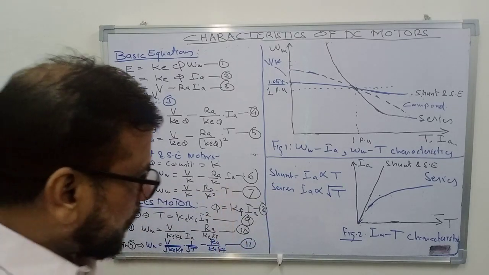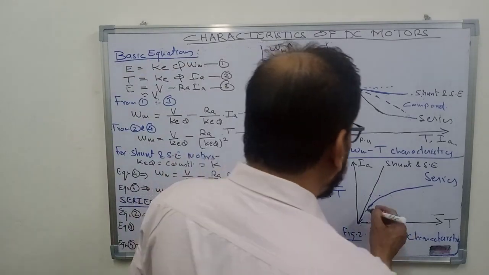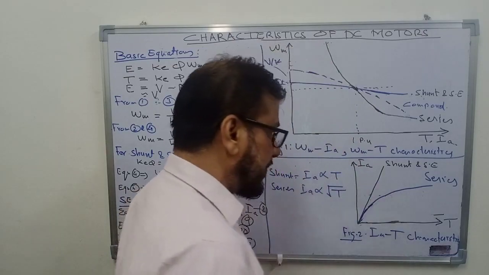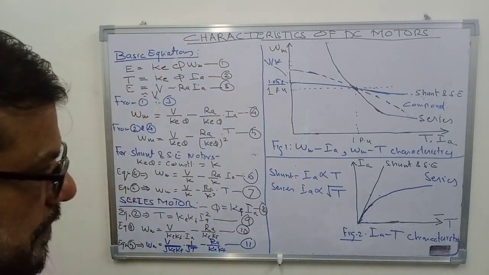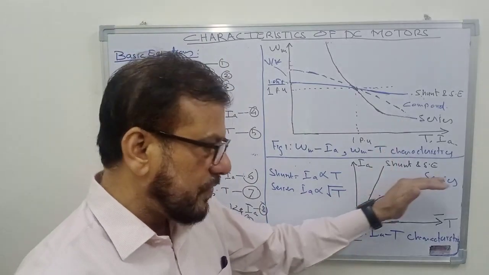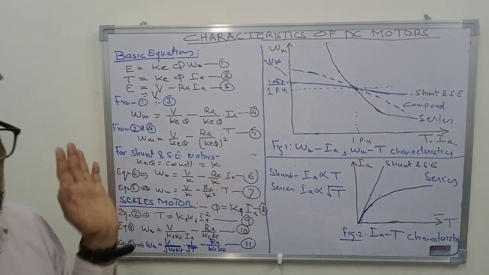So the two characteristics are shown here like this. So you can say that the current versus torque characteristics of shunt motor will be a straight line, whereas this will be of parabolic shape like this. What is significance of this characteristic?